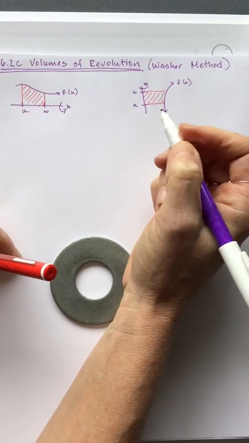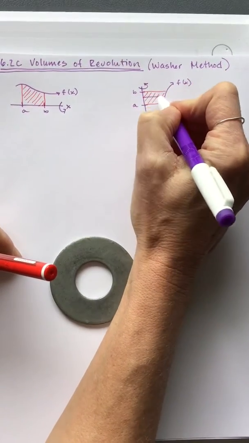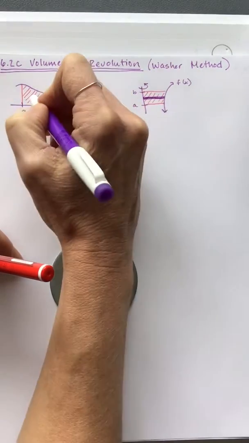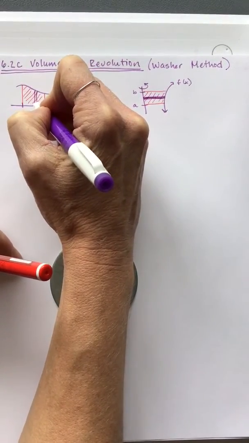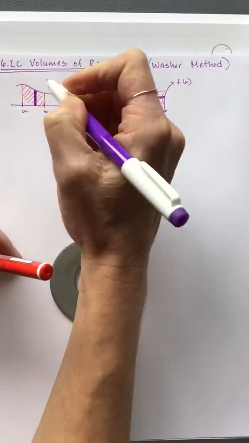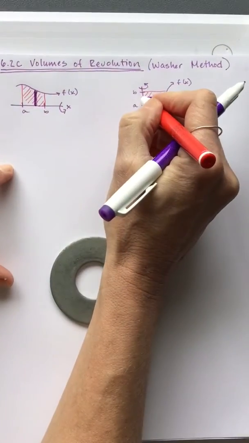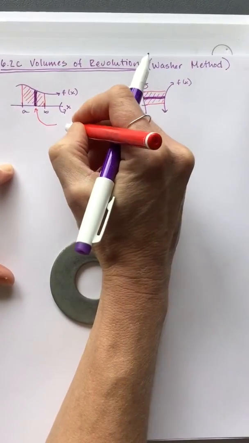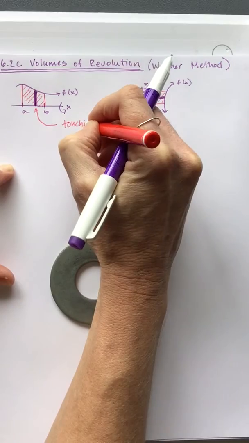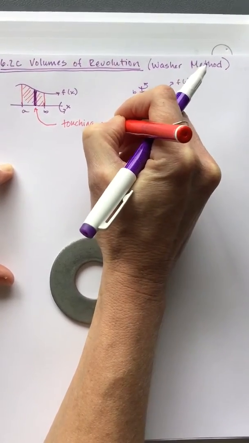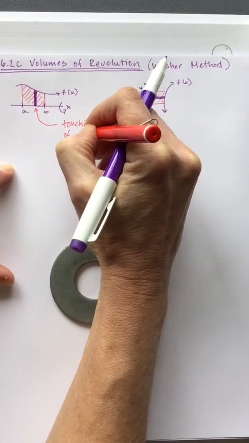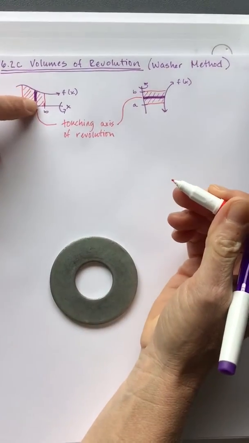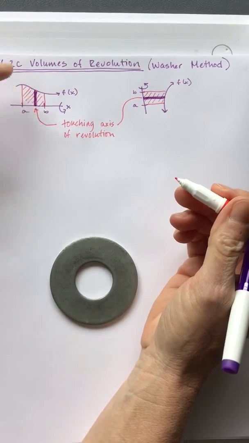Notice that when we take a slice here, either our horizontal slice or our vertical slice, that slice touches the axis of revolution. So there's no space between the slice and the axis of revolution.